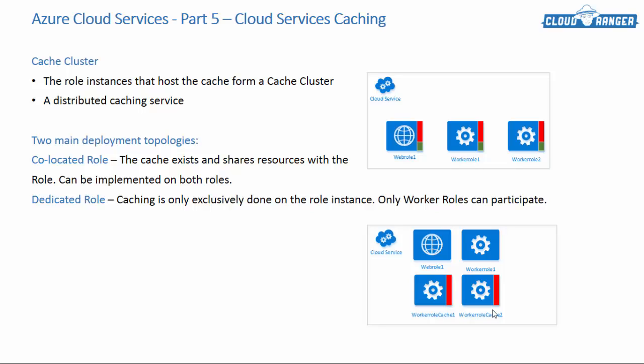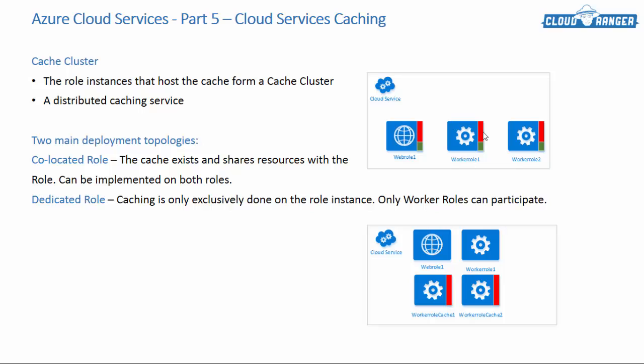It depends on the kind of performance and the kind of load you're looking for. So that's one of the scenarios where you might want dedicated caching. Once again, you'd have other roles in your web service to do other things, but in this dedicated scenario, these roles will do nothing but caching.